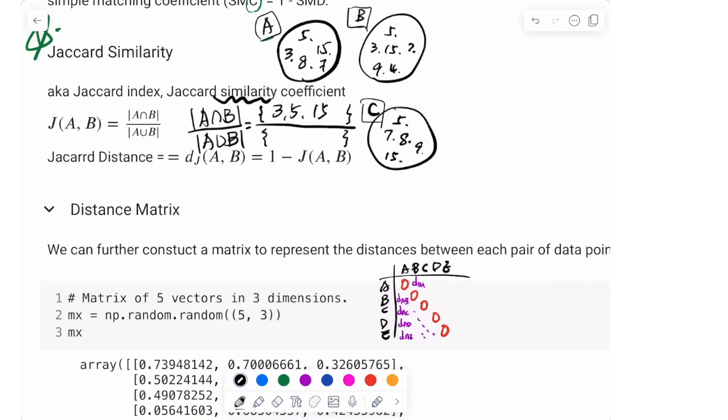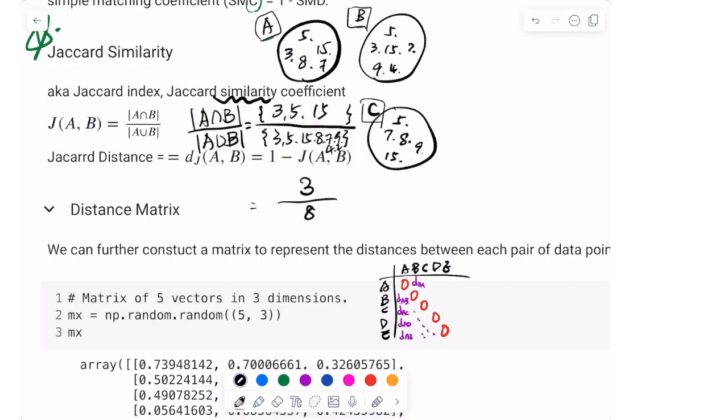And how many items in the union? 3, 5, 15, 8, 7, 9, 4, 2, so 8.